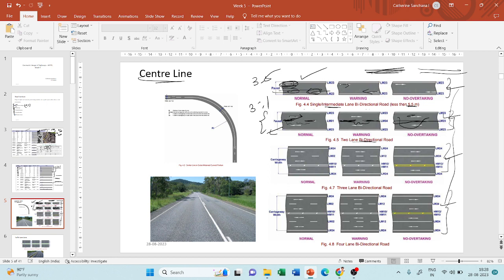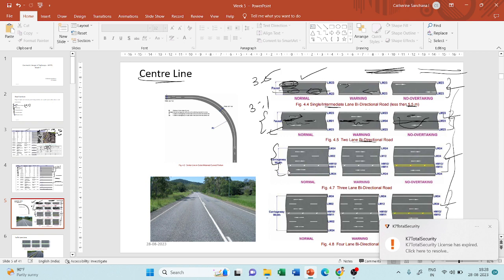Now if you have three lanes, where you have two lanes carrying traffic in one direction and the remaining one lane carrying traffic in the other direction, then the center line obviously will not be at the center, because the center line is not to mark the center of the road, but it is to divide the road. It serves the purpose of a median, right?